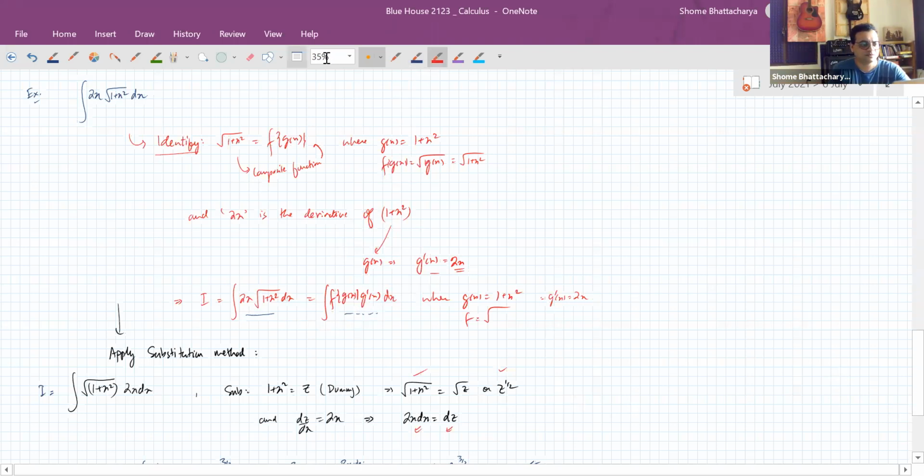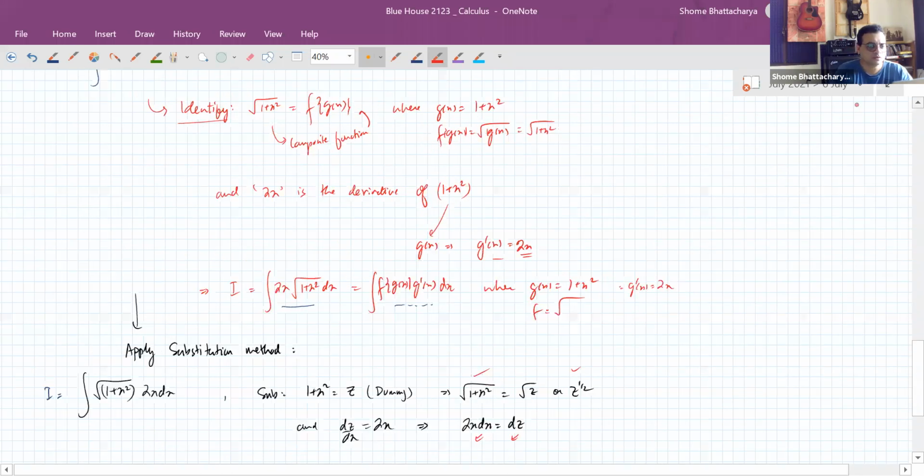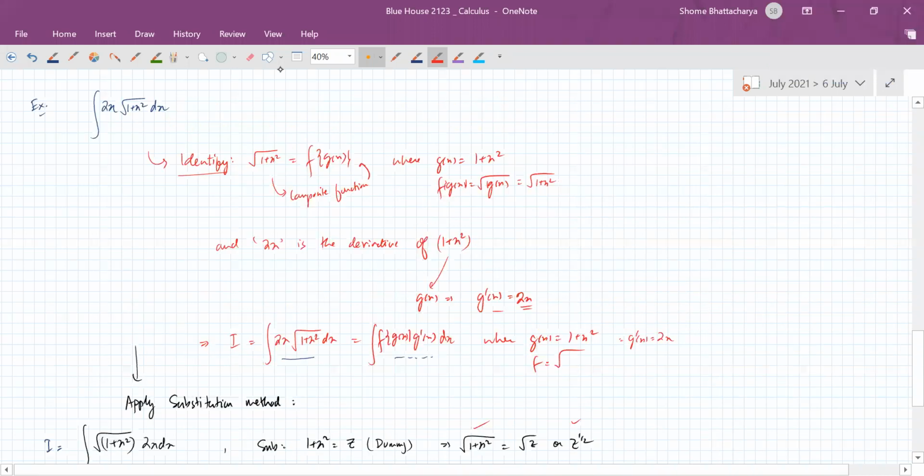So I'll just take you through this step by step again. You can make a note of the key points here. Don't worry, we'll practice more questions of this, but currently just make sure you understand all the steps in this particular question, integration of 2x into square root of 1 plus x square.